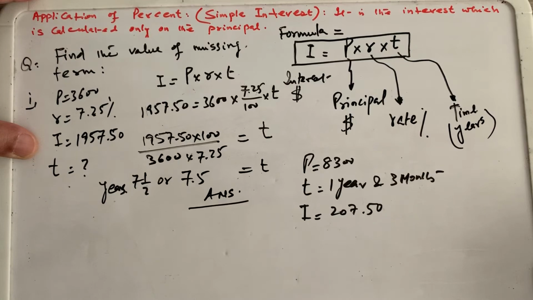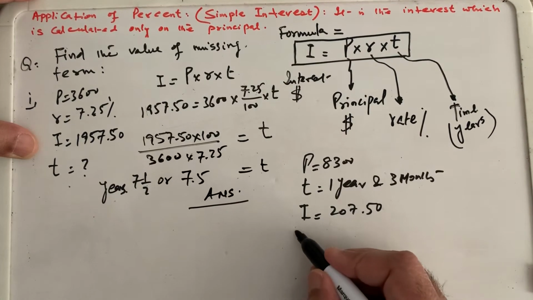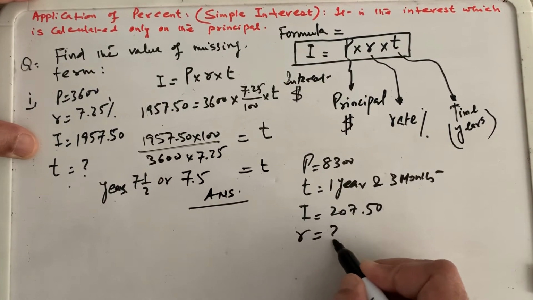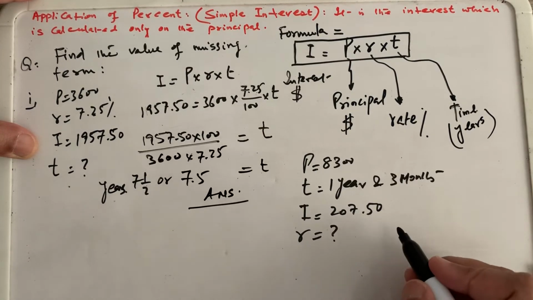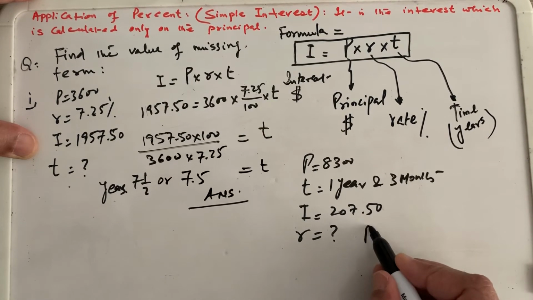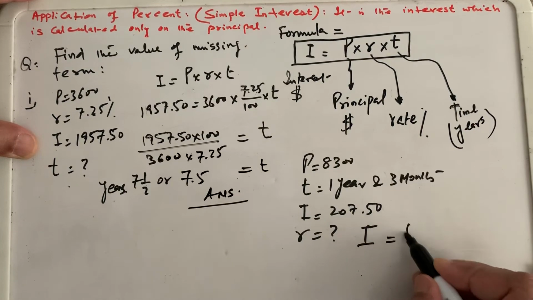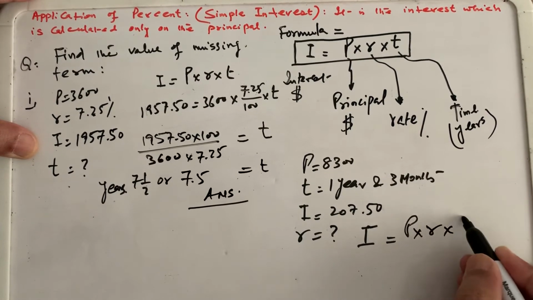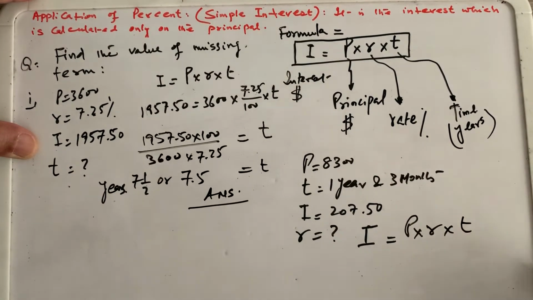So what is the missing term here? R, or rate, is missing, right? So again, you will say, okay, I will use only the formula which says I is equal to P times R times T, and I will plug in the values and then isolate my R, right?